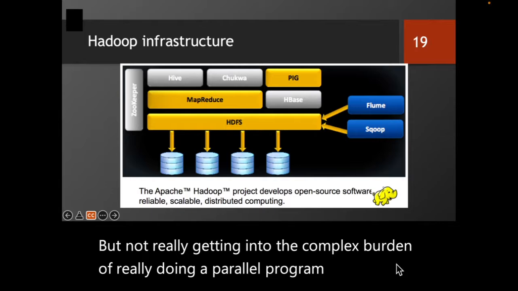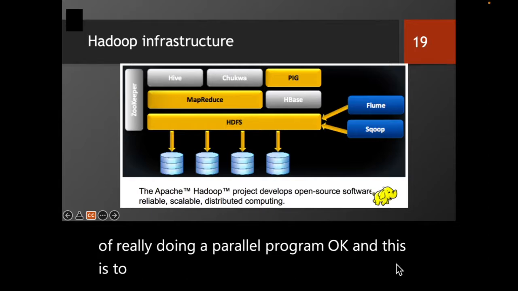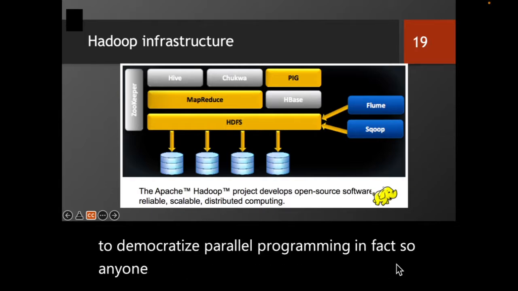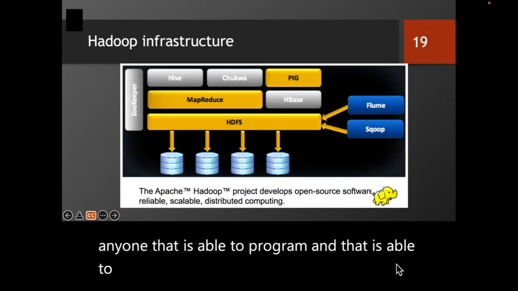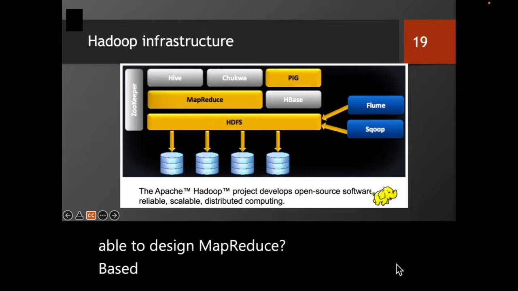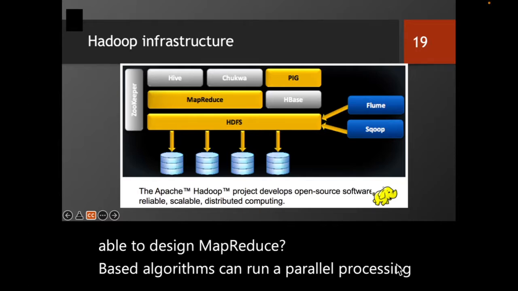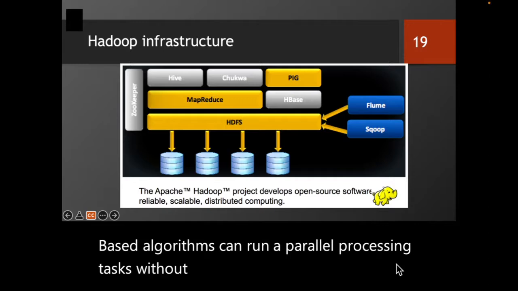This is to democratize parallel programming, in fact. So anyone that is able to program and design MapReduce based algorithms can run parallel processing tasks without more difficulty than that.